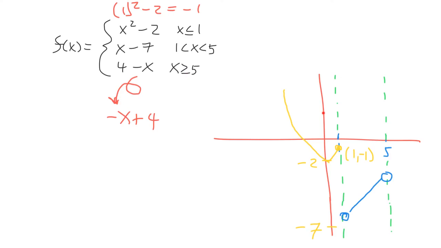So it goes down, down, down, and it only starts after the x value of 5, and then it cuts through like that. I'll use yellow, it would be something like that.